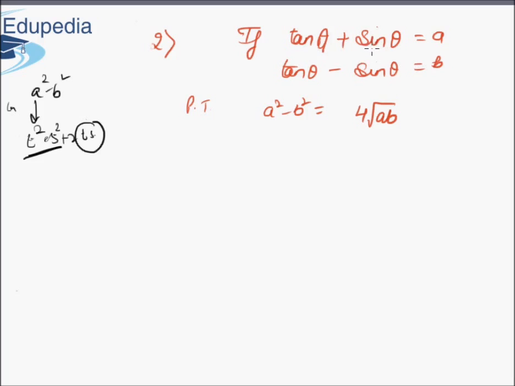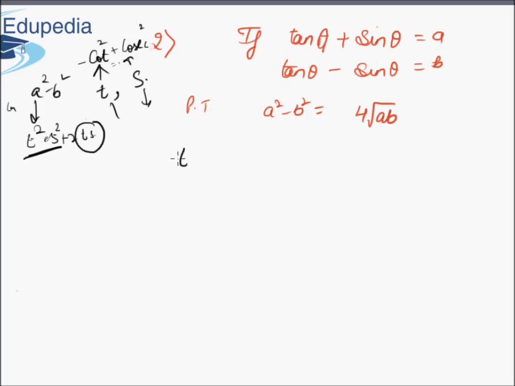No doubt we'll be having tangent and sine values, and no doubt we don't have any identity involving these terms, but the reciprocals, that is cot and cosecant, are related with a particular trigonometric identity, that is cosecant square theta minus cot square theta is 1. So we'll be using that particular identity over here.